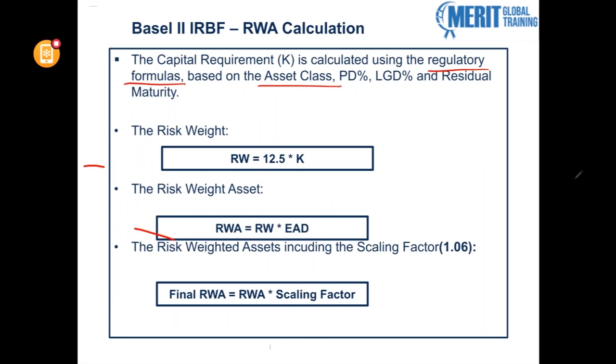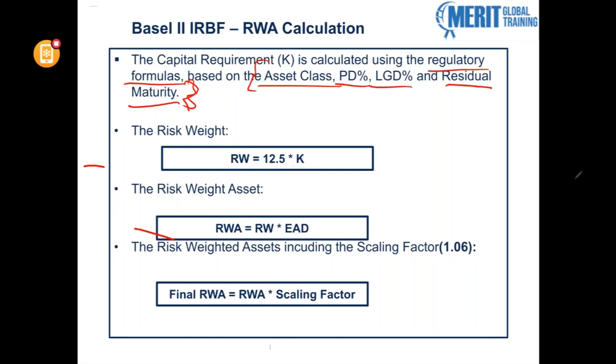Okay, so based on the asset class, our exposure class, PD, LGD, and residual maturity are the key parameters that we use to derive our capital requirement. PD, LGD, and residual maturity, as I've mentioned earlier.